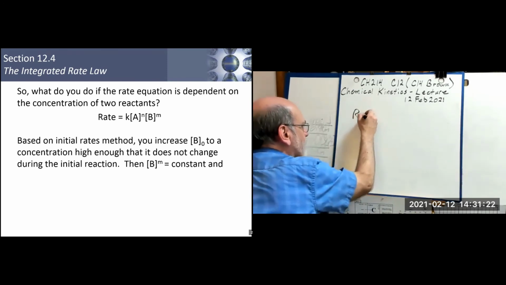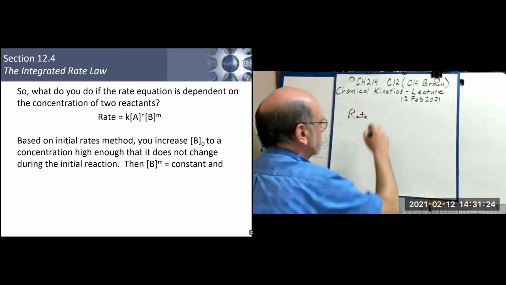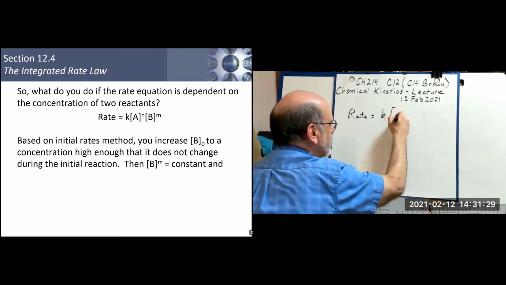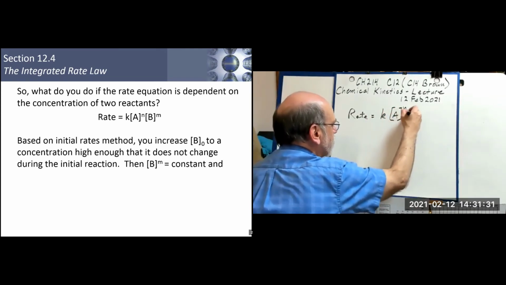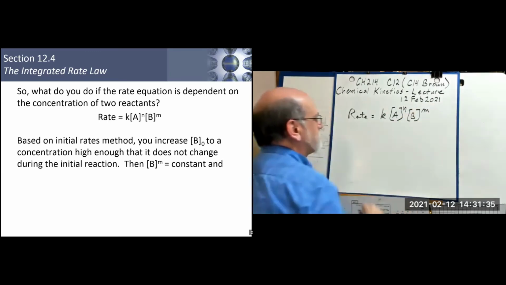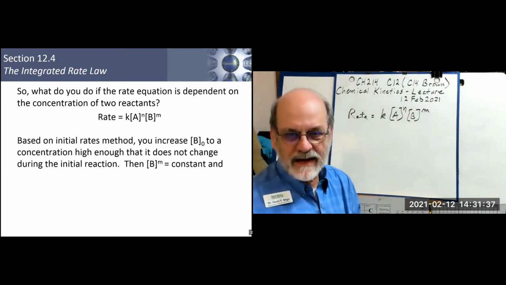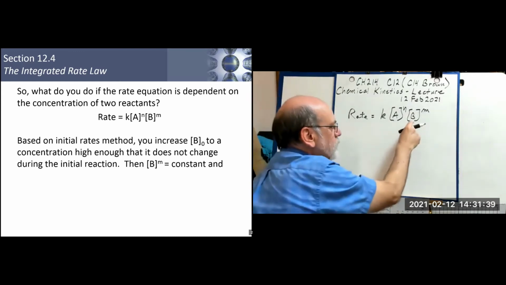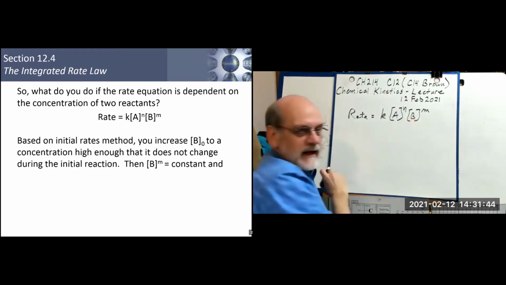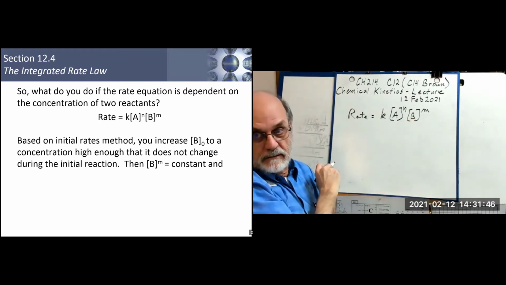So what does that look like? Well, if the rate equals K times A to the N and times B to the M, what if you increase this concentration so high that it remains constant?